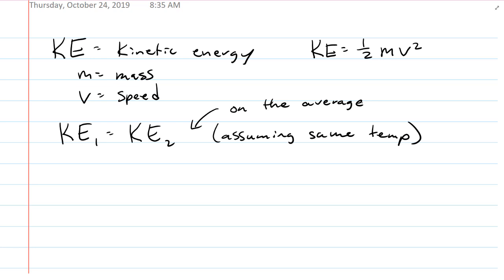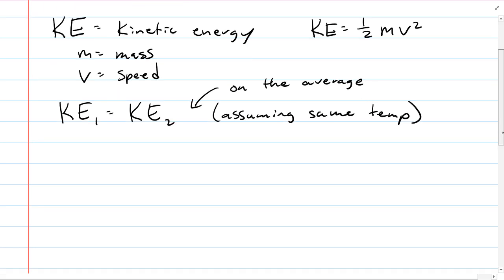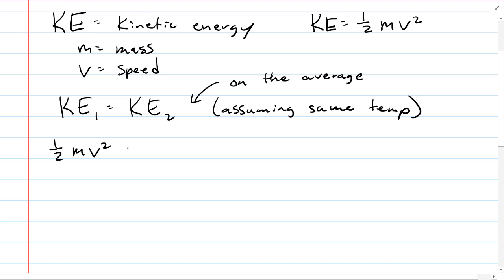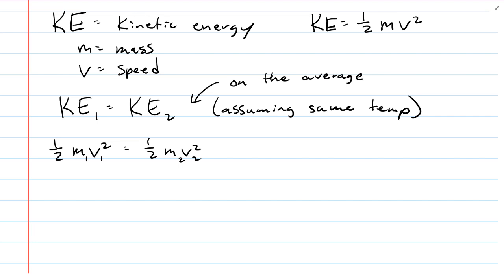So what we could do is find out what that ratio of masses is and relate it to the ratio of velocities. We could then substitute in 1/2 m v squared is equal to 1/2 m v squared. We can put in subscripts of 1 to designate gas 1, subscripts of 2 to designate gas 2. Now if we're doing this mathematically, we want to simplify this a little bit.